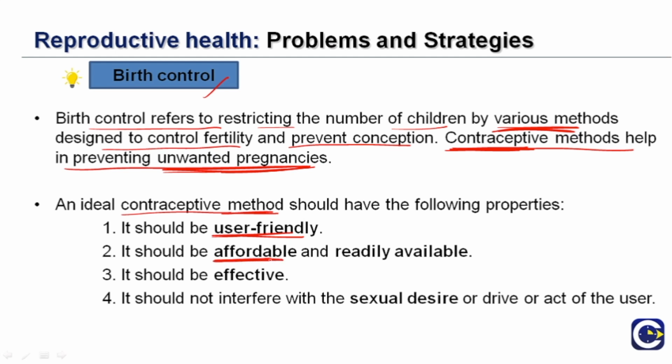Definitely it should be affordable so that everybody can buy it, and it should be readily available so that people can buy it whenever they want. Of course and obviously it should be effective, and it should not interfere with the sexual desire or drive or act of the user. Therefore, an ideal contraceptive agent should possess all these properties.